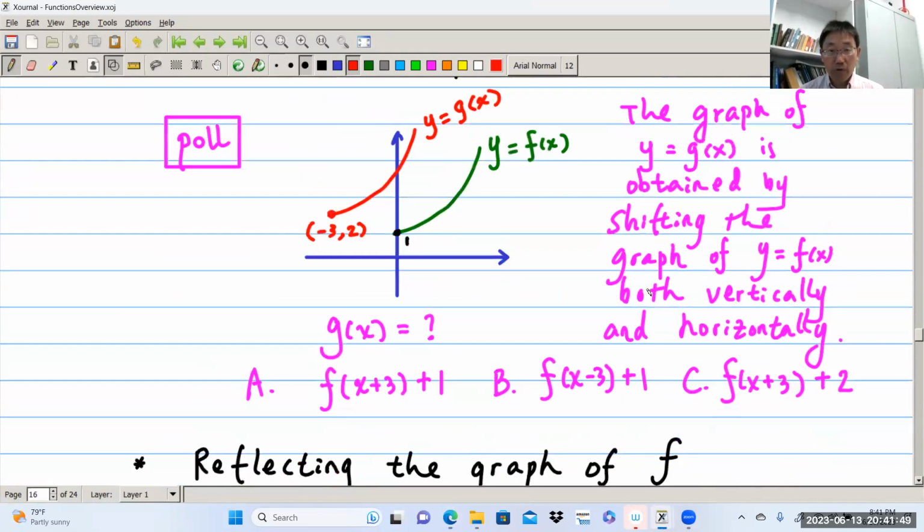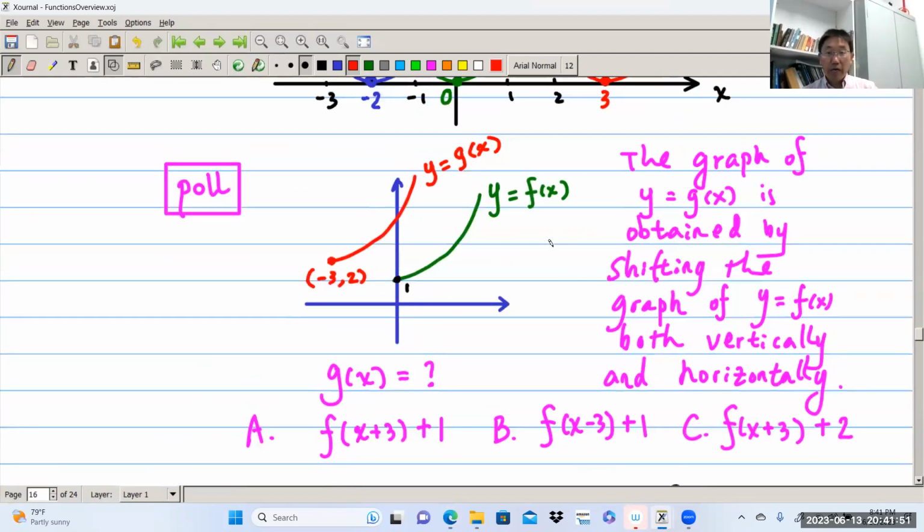So now you try this problem here. I give you the graph of y equals f of x, this green curve, and y equals g of x. The graph of y equals g of x is obtained by shifting the graph of f of x both vertically and horizontally.